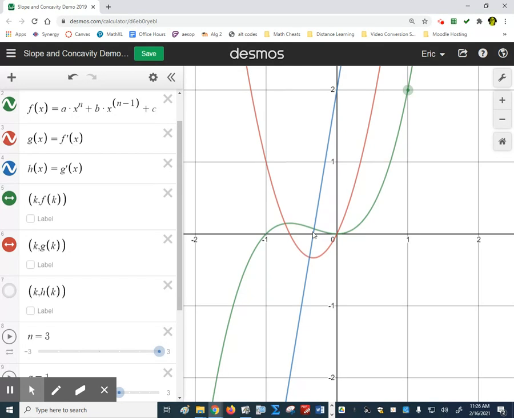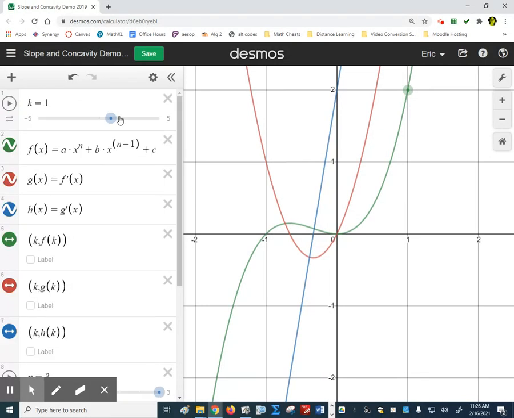Its 0 corresponds with, I'll prove it to you, the 0 or the horizontal tangent of the red graph. Everybody get that? Okay, which is the transitioning concavity.